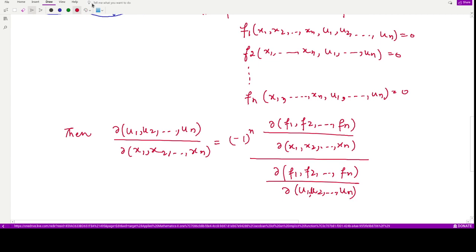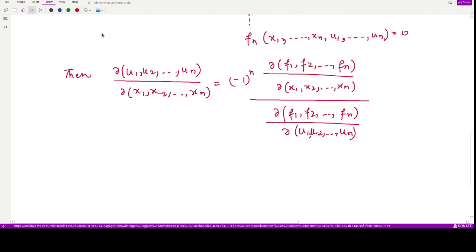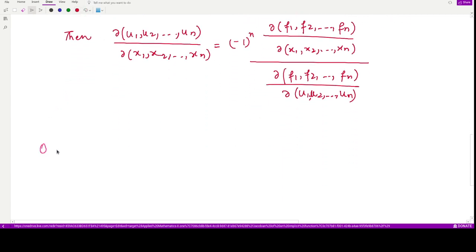So let us now discuss one example regarding this. We are given that x plus y plus z is equal to u, y plus z is equal to uv, and z is equal to uvw. So how many variables do we have here?